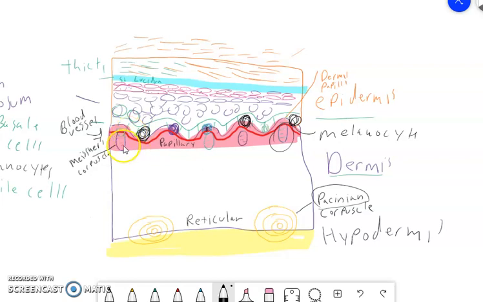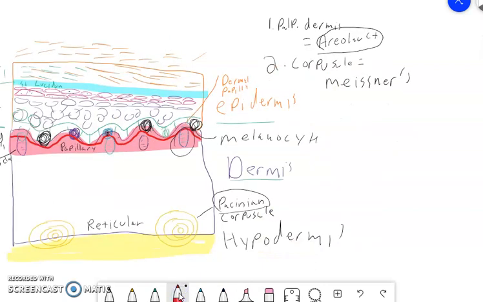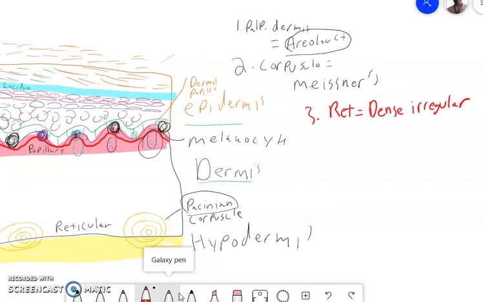So I have some questions. What is this pink layer made up of, the papillary dermis? Is it dense irregular connective tissue or areolar? Papillary dermis is made up of areolar connective tissue. Question number 2. What corpuscle do I find? Meissner's corpuscle. So, the reticular dermis down here, what is it made up of? Of dense irregular connective tissue.